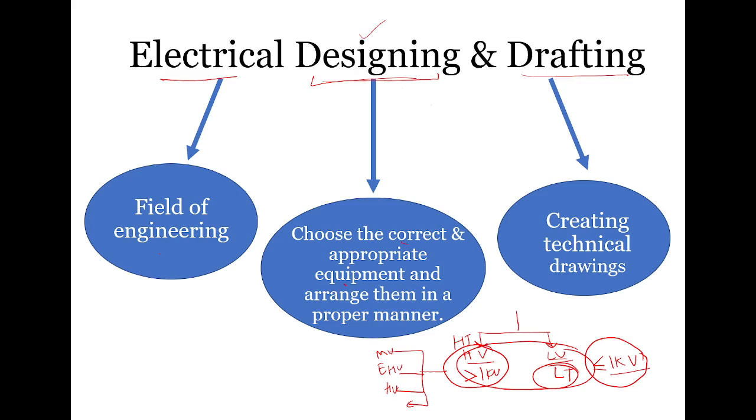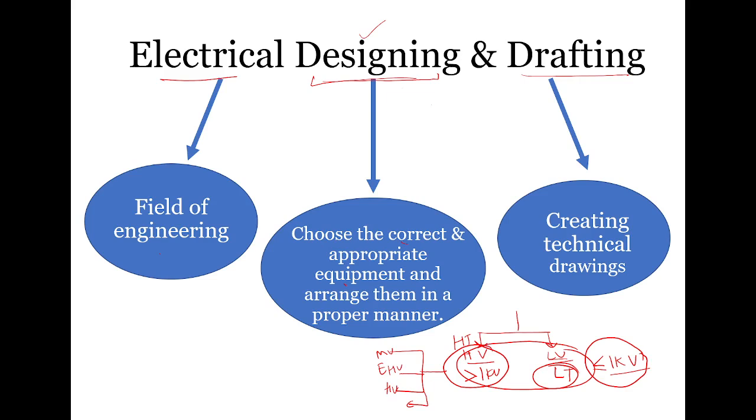This is the main designing. In coming slides, we will discuss in more detail what our responsibilities are as a design engineer. We are not just a calculator, making some calculations, plus minus, and telling the size of the equipment. This is not the scope or the main responsibility of a designer.